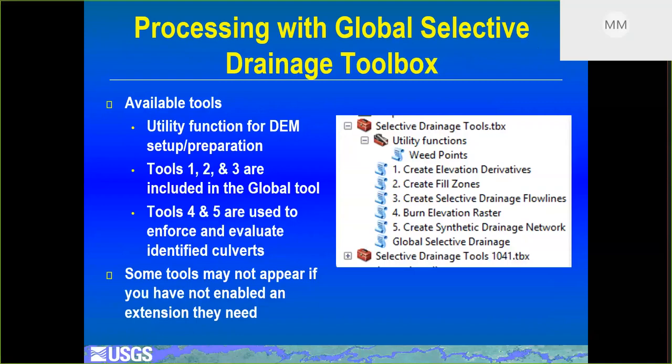Tools 1, 2, and 3 are included in the global tool as well. In the workflow that I've settled on, I tend to run those tools consecutively more often than using the global tool. And tools 4 and 5 are used to enforce the culverts and then evaluate the identified culverts.